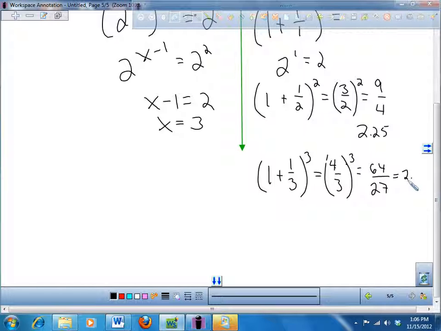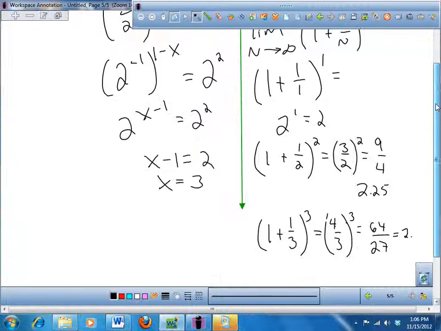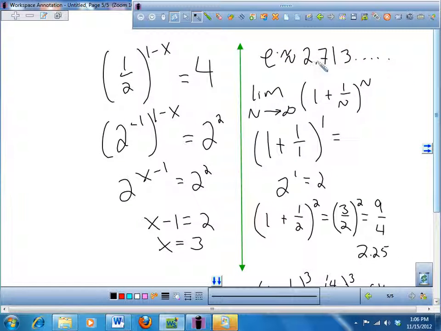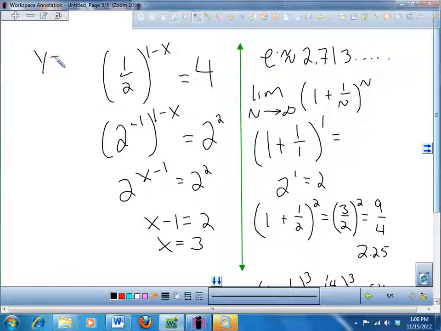So it's never going to get bigger than 2.7. Will it ever even get to it though? Well, not exactly to it, but very, very close to it. And that works the same as other functions.